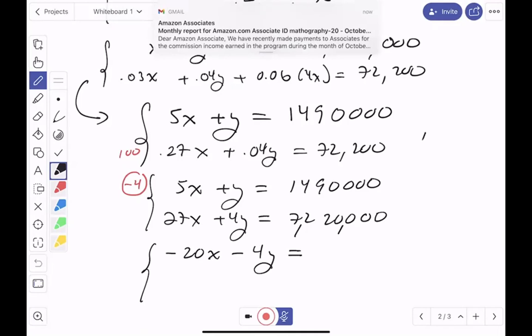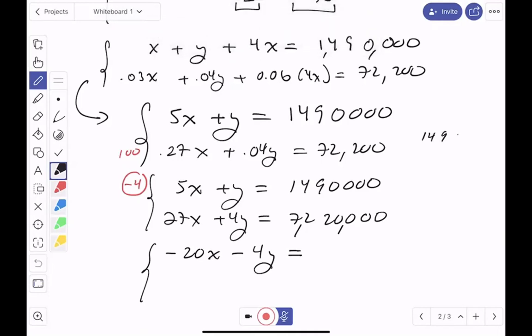I put it aside for you. 149,000,000 times 4. 4 times 9 is 36. 4 times 4 is 16. 4 and 1 is 5. Whoa.